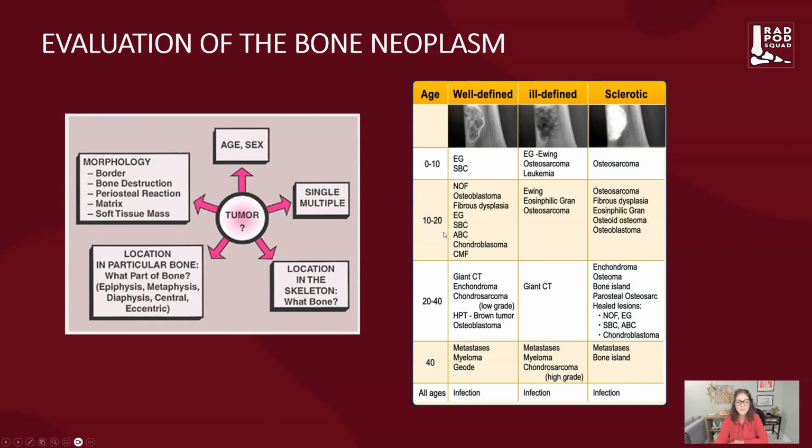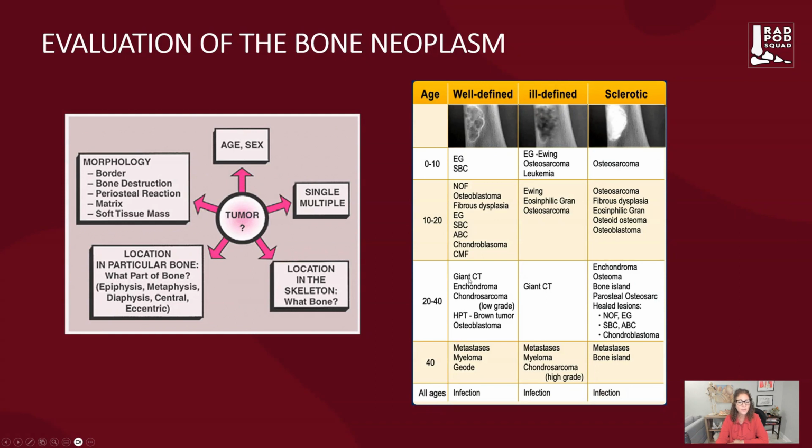In the 10 to 20-year-old age category, that's where we get our bubbly lytic lesions, the non-ossifying fibromas, the entire list, all the way down to chondromyxoid fibromas. Less well-defined, those are more concerning: Ewing's, eosinophilic granuloma, and osteosarcoma. And of course, our sclerotic osteosarcoma is still occurring in this age category.